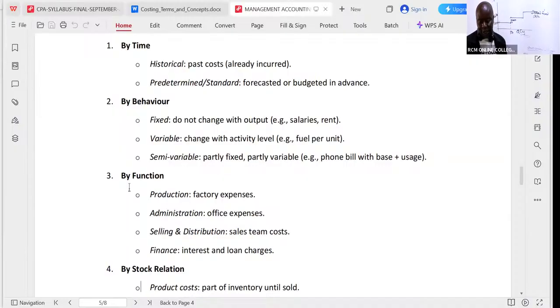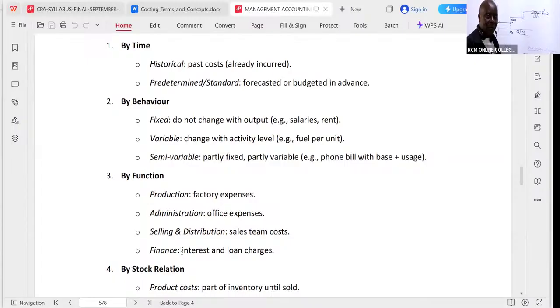And then, of course, we must be asking for loans, to get financial operations. So by function, we shall have production costs, which are the factory expenses. We shall have administration costs, office expenses. Selling and distribution costs, sales team costs. We shall have finance.